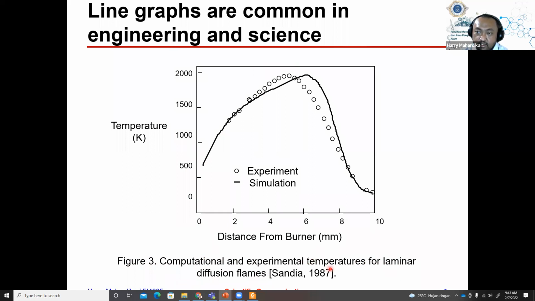So instead of using titles on top, we could use the explanation in the figure caption, like this one.